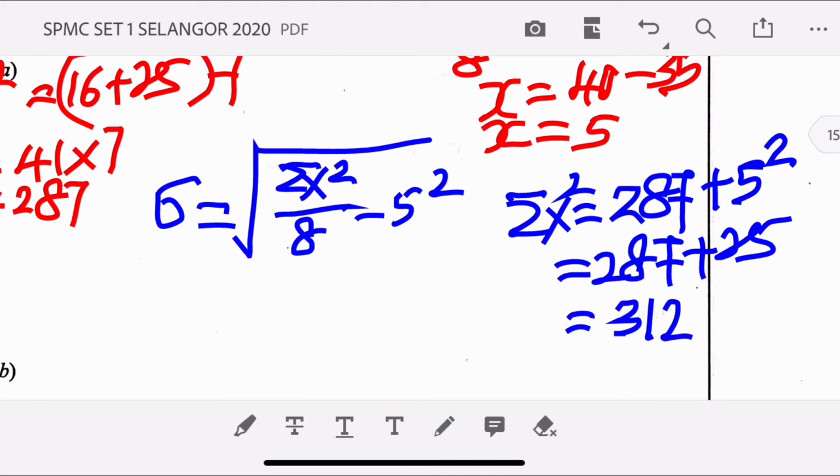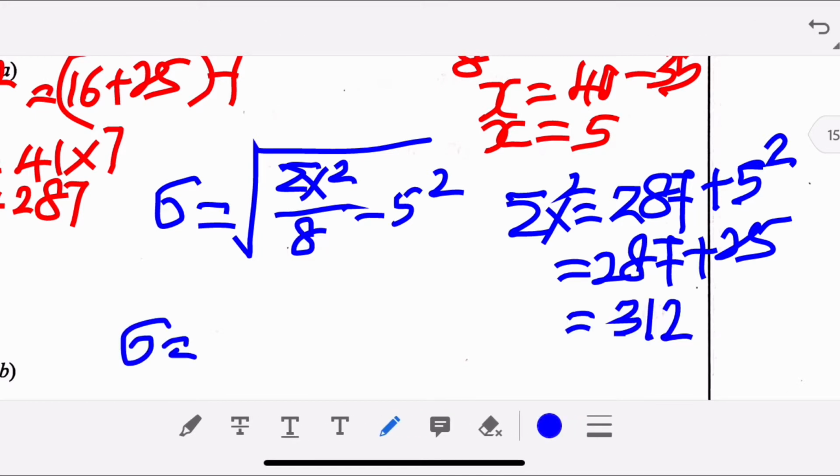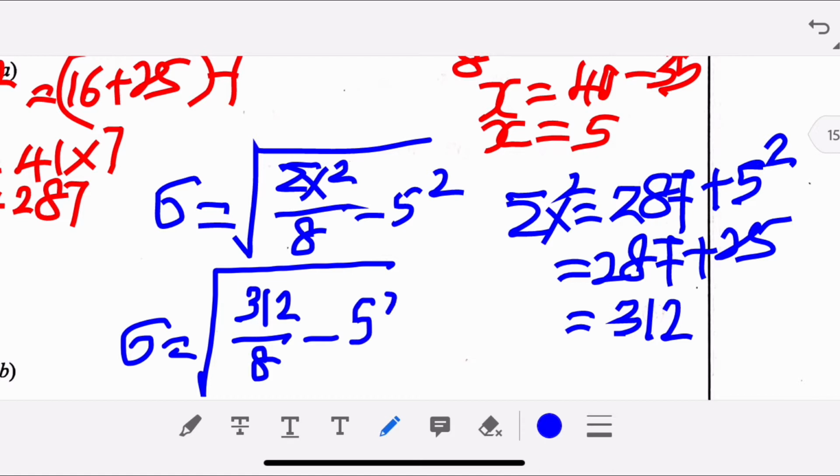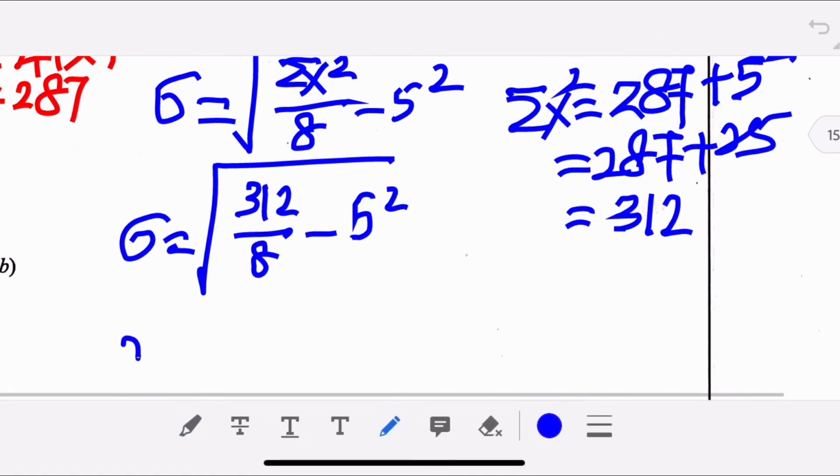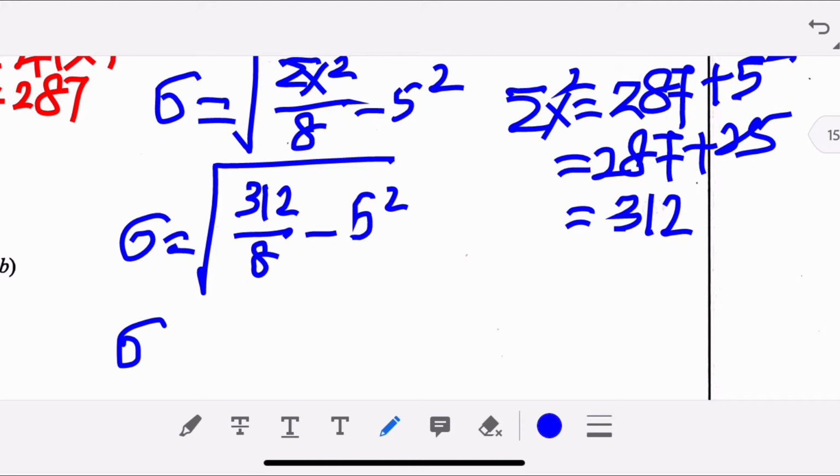Now the question is asking us to find the new standard deviation. So it's 312 over 8 minus 5 squared. Hence the new standard deviation is the square root of 312 over 8 minus 5 squared.